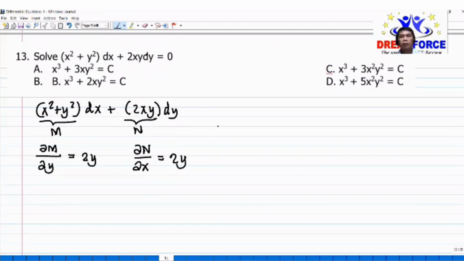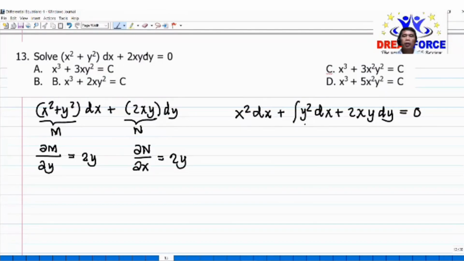So meaning may 1 dito. Derivative product, diba? Kaya x squared dx plus y squared dx plus 2xy dy is equal to 0. Pag in-integrate natin ito with respect to dx, 1 siya. Itong y squared constant.